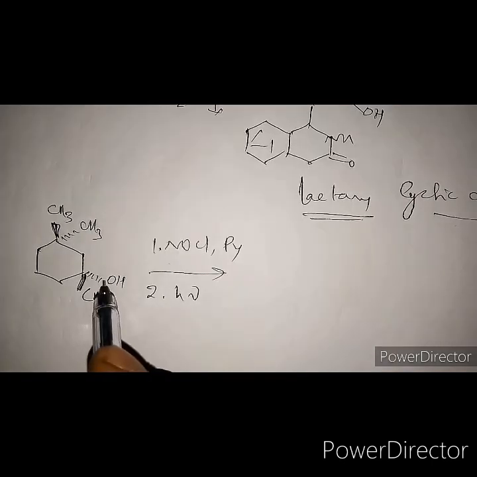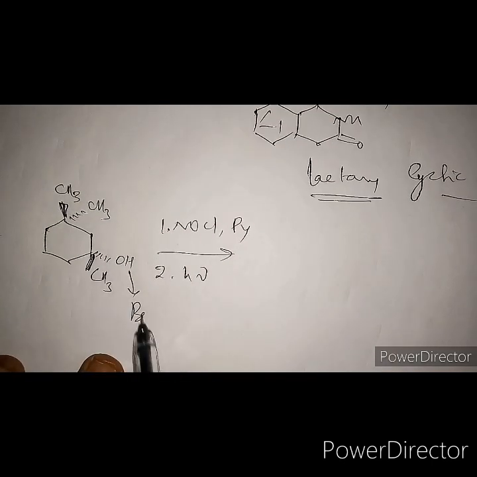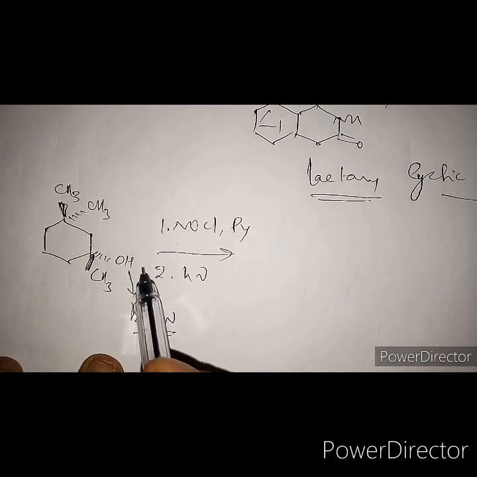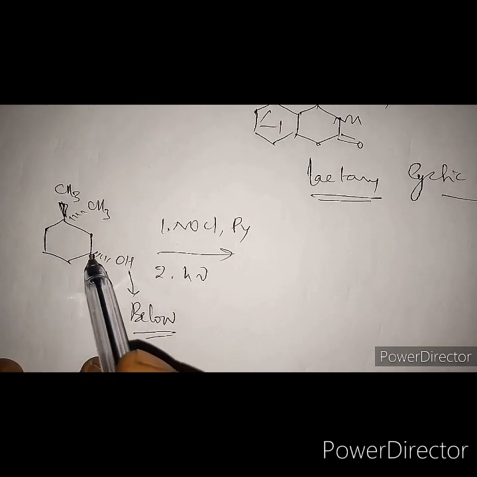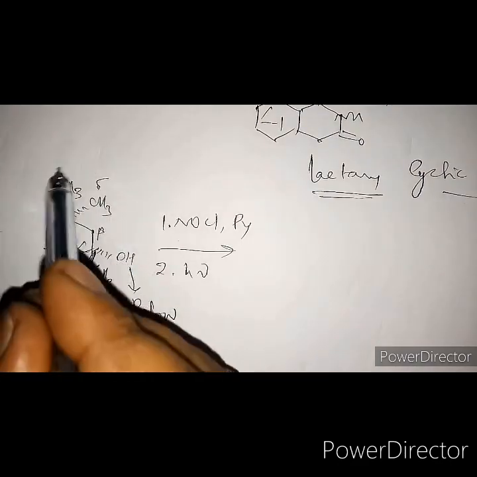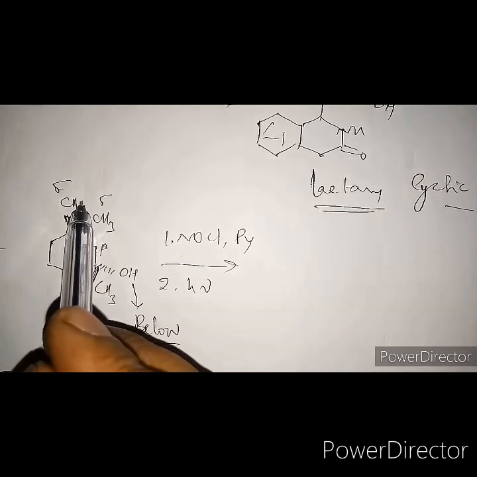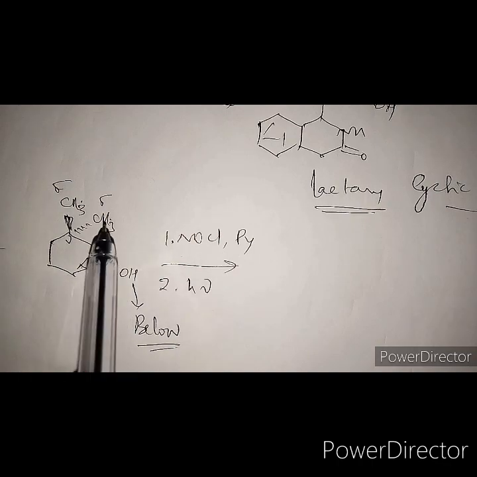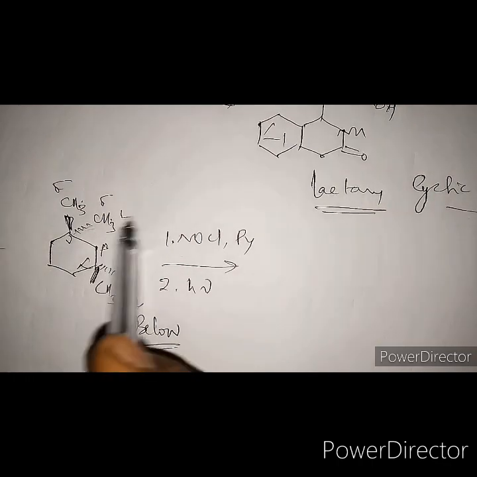Now what will happen is that the OH group is below the plane. The OH and the delta hydrogen should be in the same plane. Now we need to find the delta. This is alpha, beta, gamma, delta. This CH3 group is also delta, this is also delta, but given the stereochemistry, the OH is below the plane, so it will take the hydrogen below the plane.